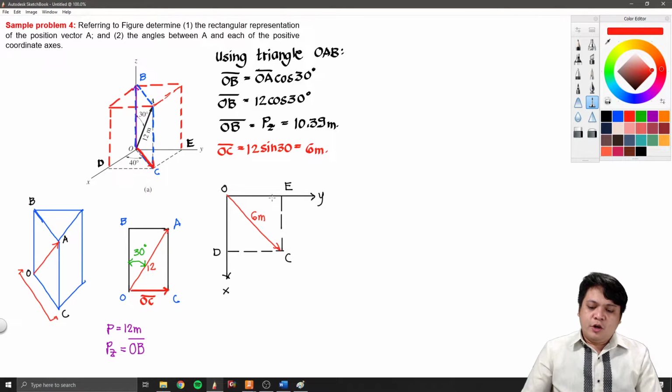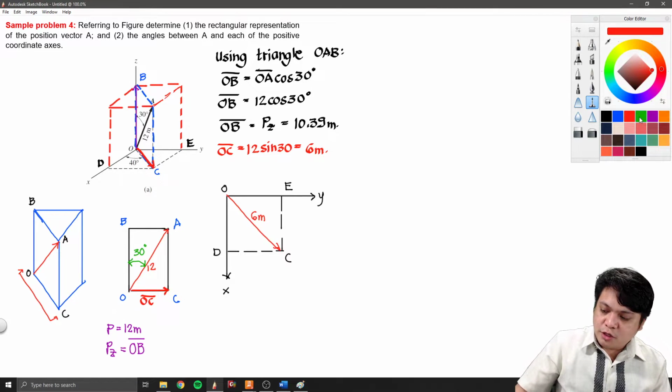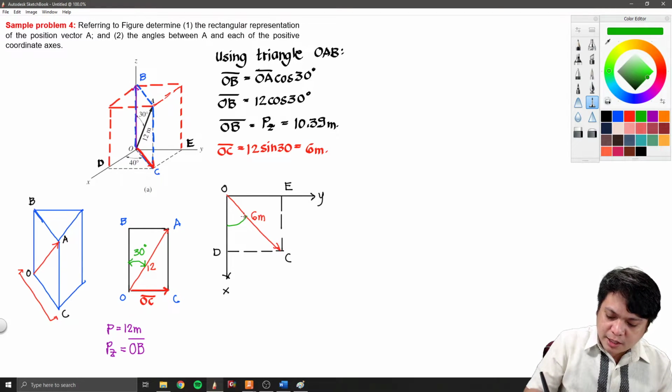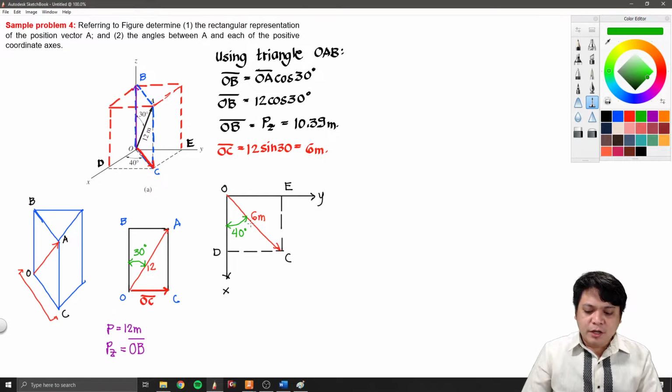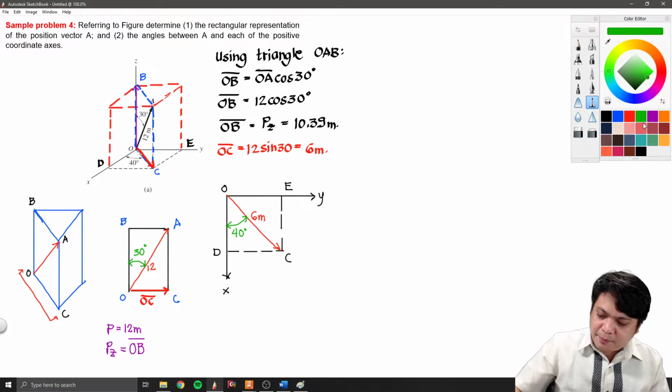Yung 40 degrees na ibinigay sa given, that is actually from the line OD papunta dun sa line OC. So, ito po yung ating 40 degrees. Kung titingnan natin, yung size ng parallelepiped na parallel, this is actually your OD.